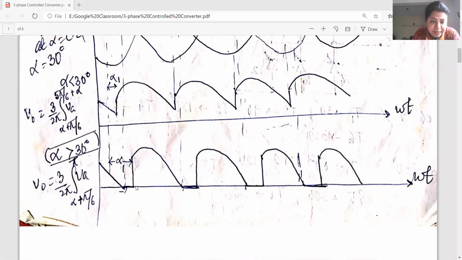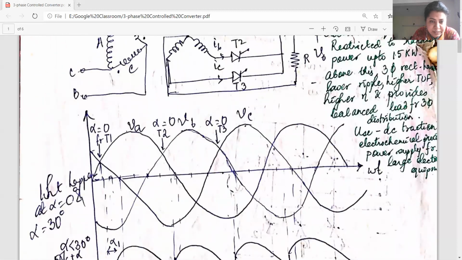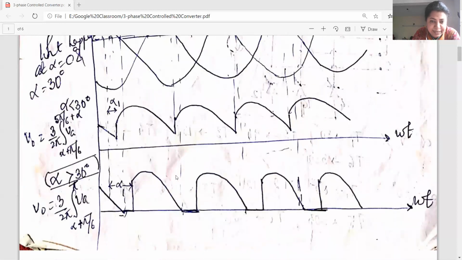T1 is triggered at an angle of alpha greater than 30 degree. Then this shoots up, this catches up with VA because T1 is fired. Then it replicates the cycle of VA up to this point, that is up to the point omega t is equal to 180 degree here.